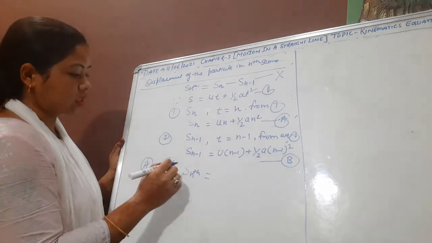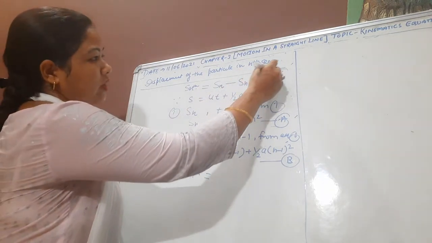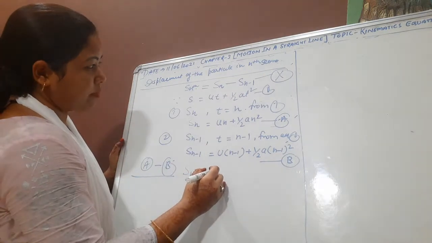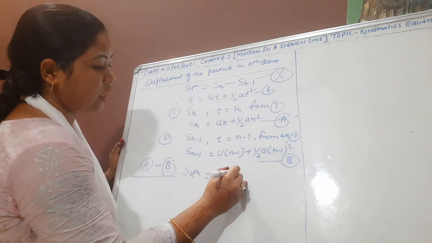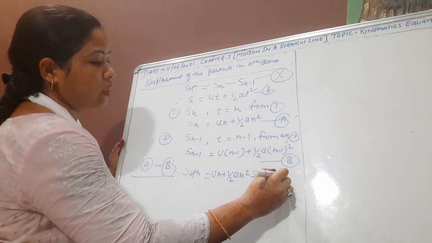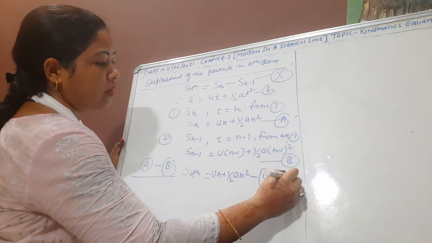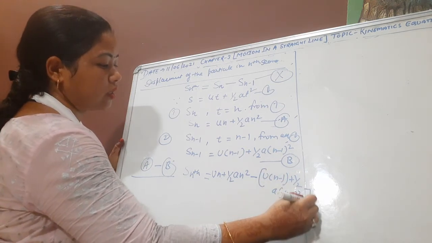So from equation x, we'll place all the values. Snth will be equal to, what is the value of Sn? un plus half an square minus u(n minus 1) plus half a(n minus 1) whole square, right?